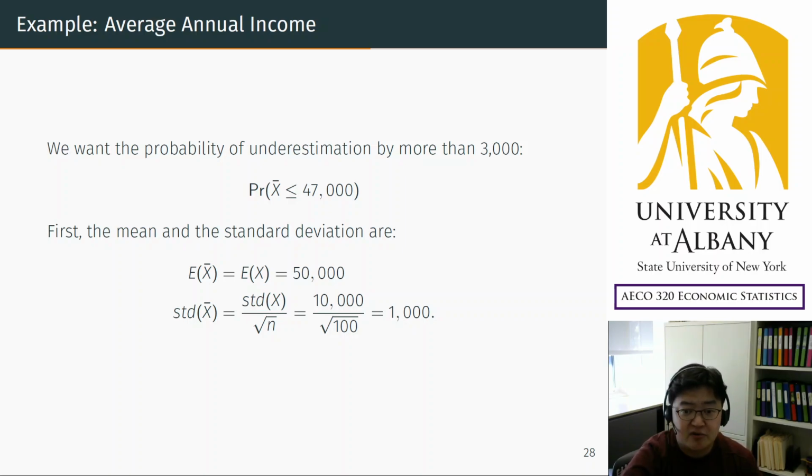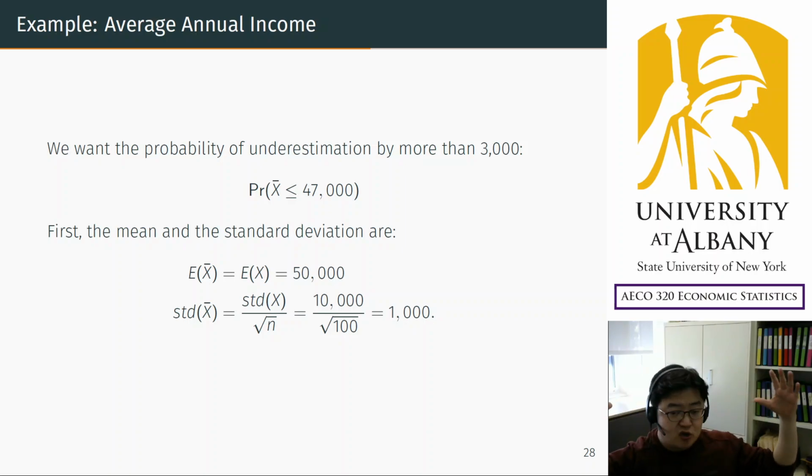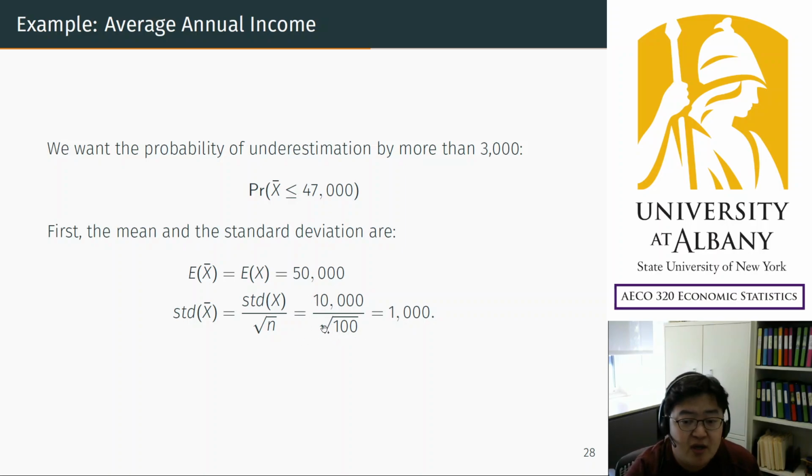When you choose one random person, this will be the standard deviation, and we know that is 10,000. But the economist will have a smaller standard deviation because she chooses 100 people at a time. So the standard deviation is divided by square root of 100. Of course, you know square root of 100 is 10. So as a result, the standard deviation of the economist's estimation result is 1000.